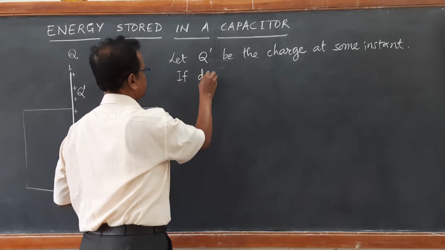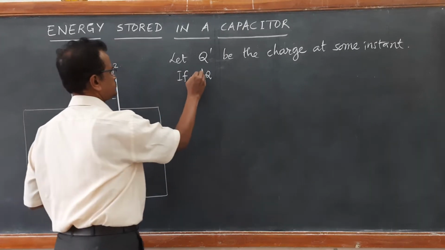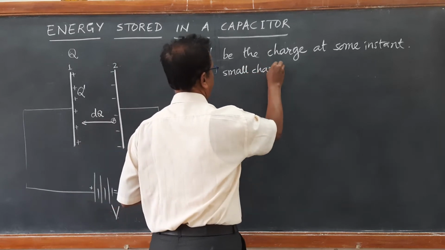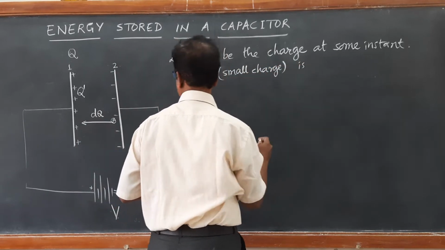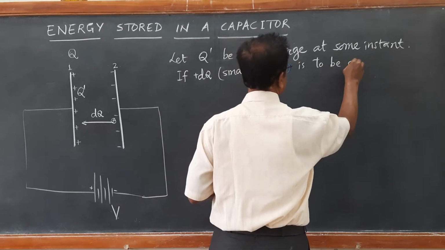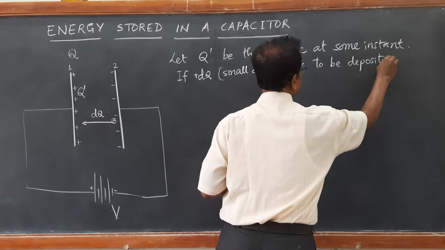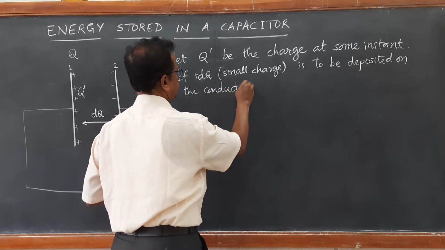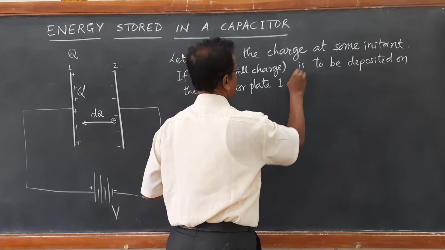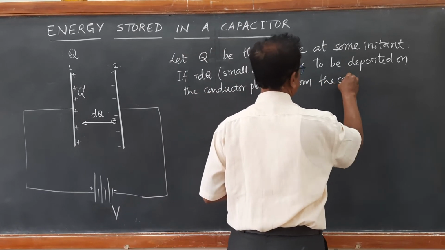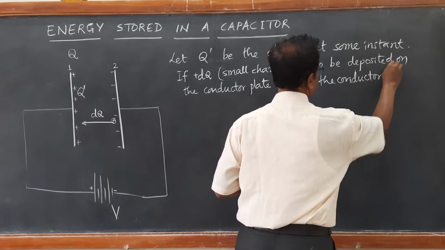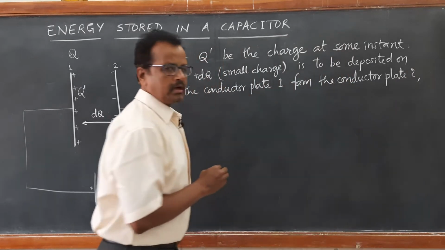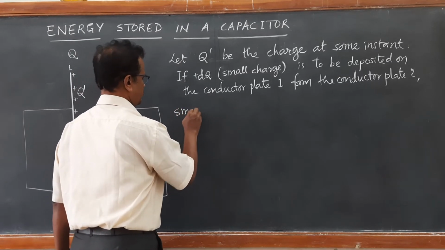If a small charge, plus dq, is to be deposited on conductor plate 1 from conductor plate 2, the small amount of work done we are going to calculate. Small work done.